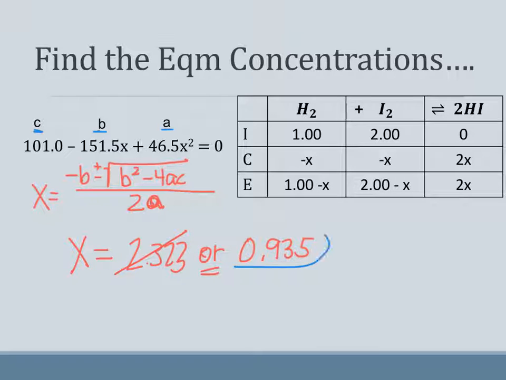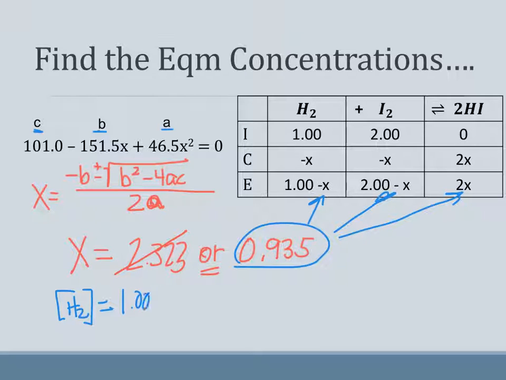We can take this value and plug it in for x in all three places and solve for our equilibrium concentrations. So our concentration of H2 is 1.0 minus the 0.935, and that's going to get us a value of 0.065.